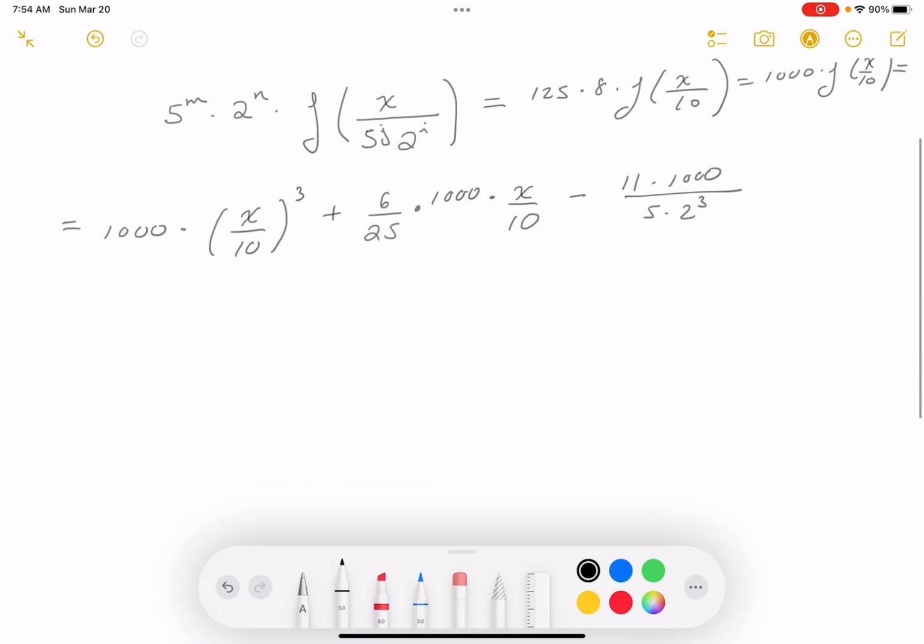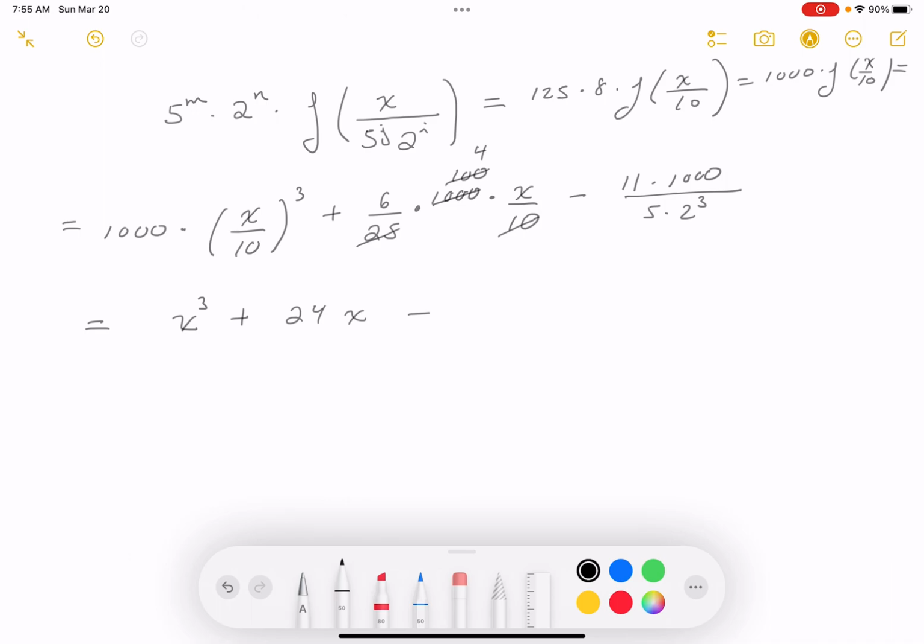All right, let's take one term at a time. First term is x cubed plus, 10 goes into 1,000 100 times, 25 goes 4 times, and you get 24x. All right, let's keep going. Next one's a little bit more difficult.